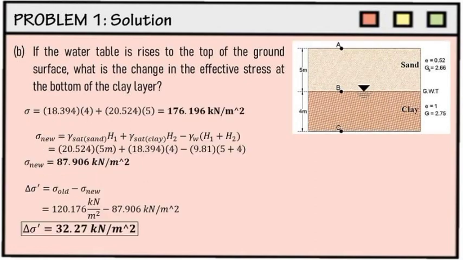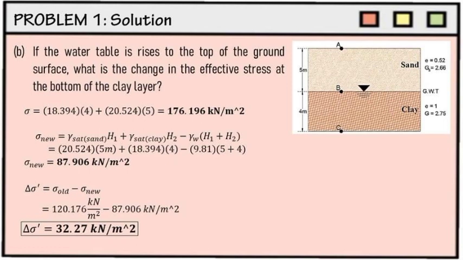For stress is 18.394 multiplied by 4 plus 20.524 times 5 is equals to 176.196 kilonewton per meter squared. For new effective stress is equals to gamma saturation of sand multiplied by height 1 plus gamma saturation of clay multiplied by height 2 minus unit weight of water multiplied by height 1 plus height 2.